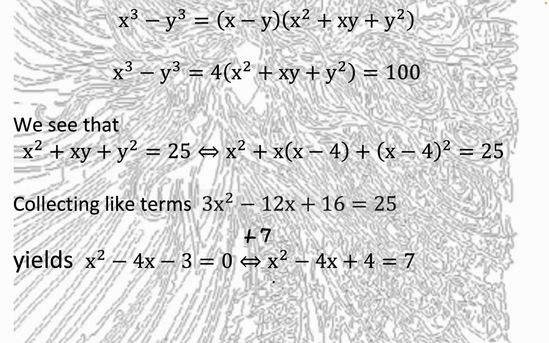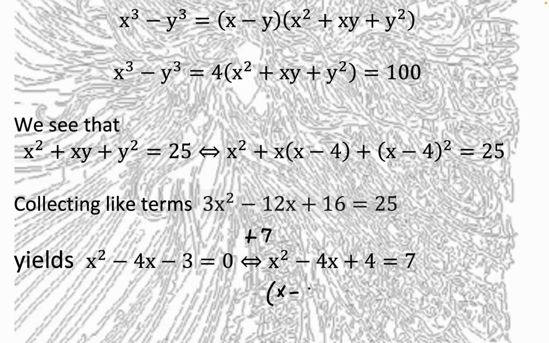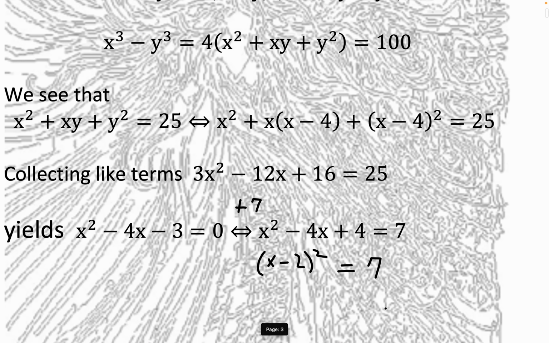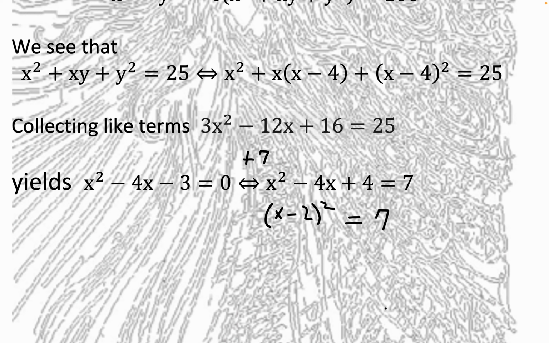This piece right here becomes x minus 2 quantity squared, equal to 7. Okay, now that's nice. This is called completing the square. Again, adding 7 takes care of business. Now, if you take the plus and minus square roots right here, you get x minus 2 is equal to plus or minus the square root of 7.